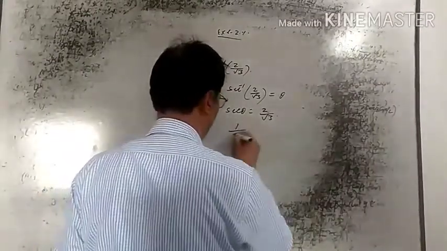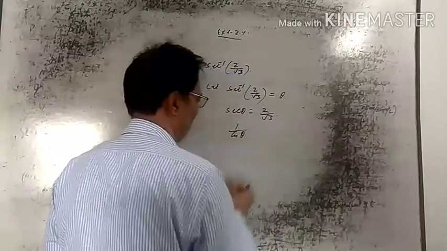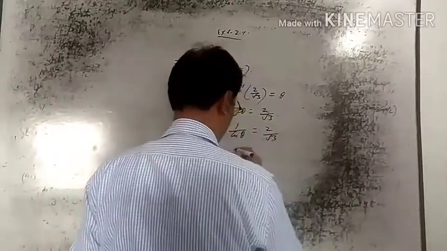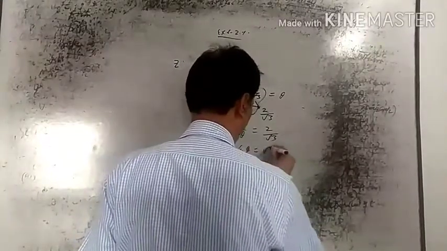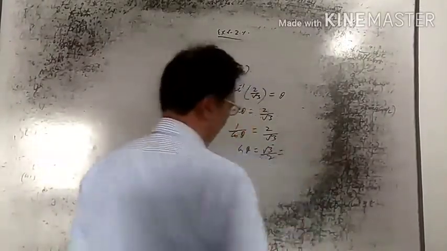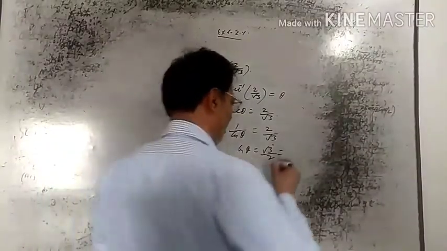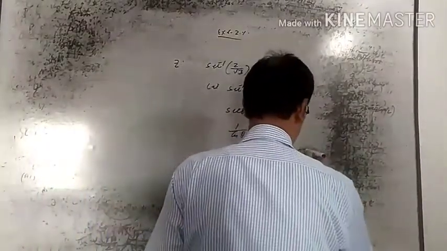Since sec theta is equal to 1 by cos theta, and this is equal to 2 by root 3, cos theta is equal to root 3 by 2, and the value of root 3 by 2 in cos is pi by 6.